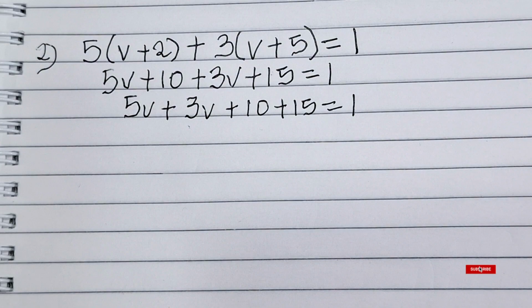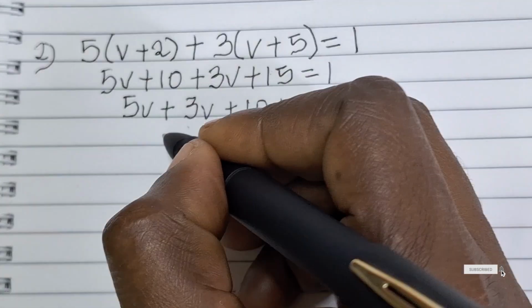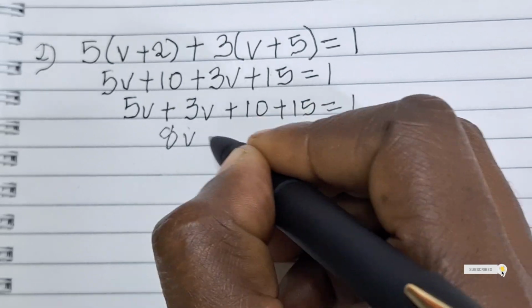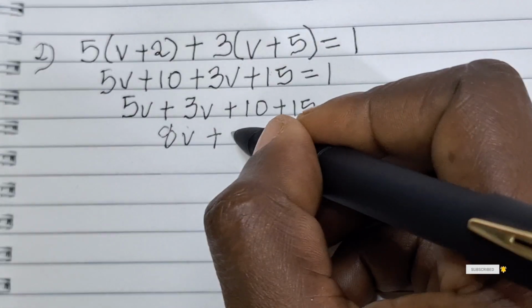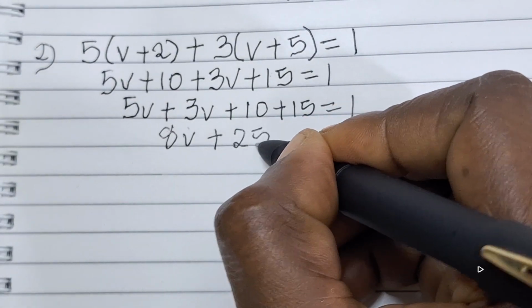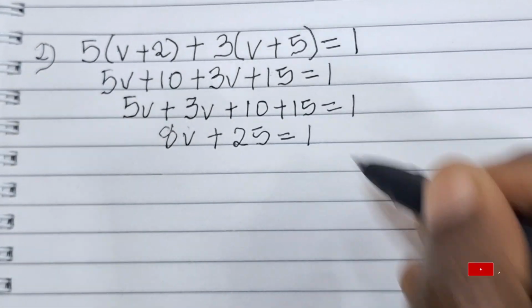I have collected like terms. 5v plus 3v is 8v. 8v plus 10 plus 15 is 25. Plus 25 is equal to 1.